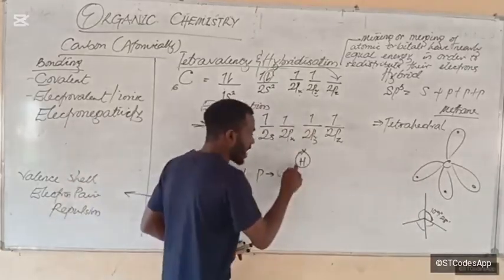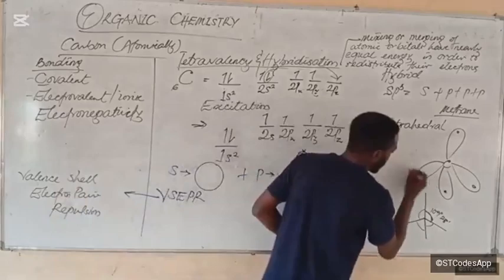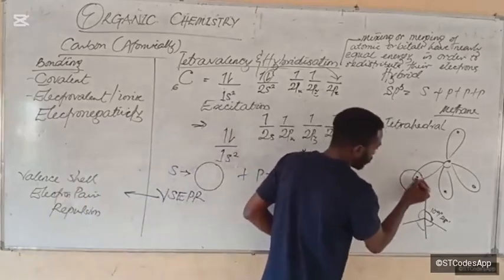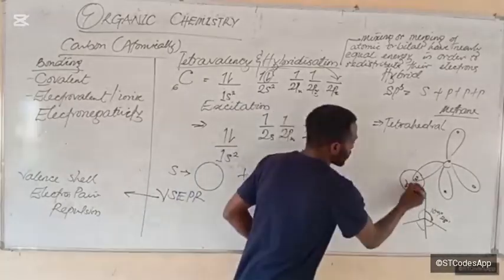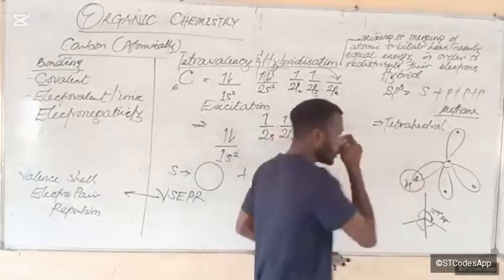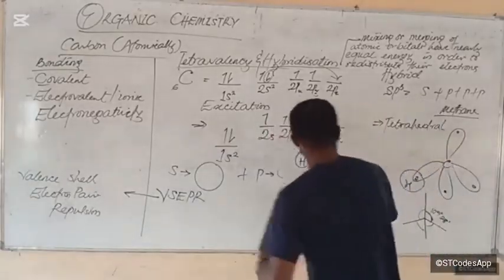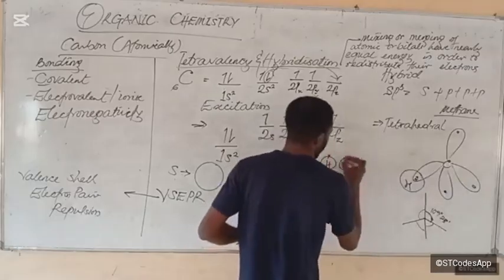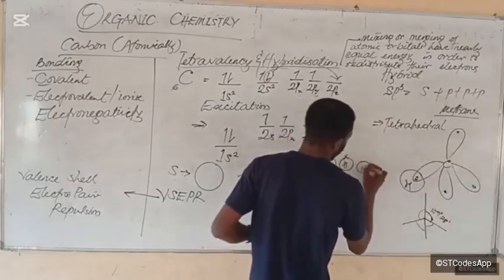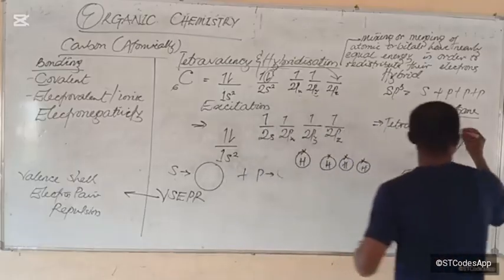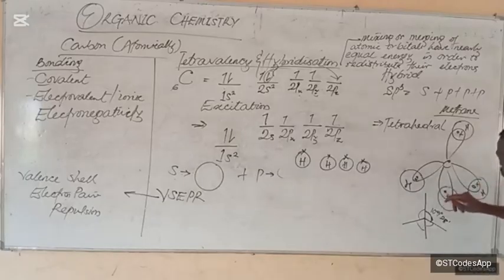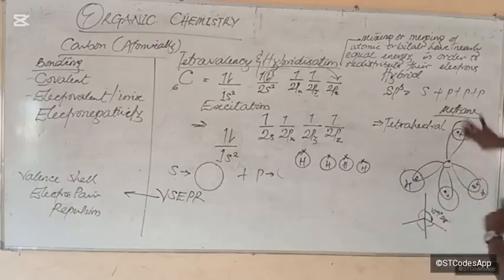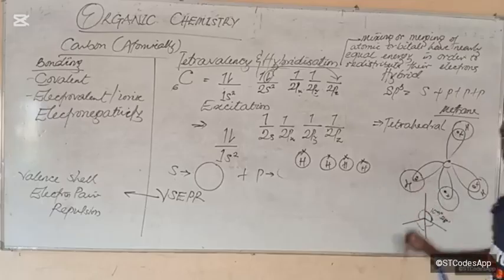So this hydrogen is going to come and form a bond with this carbon electron. After the bond is formed, you will have two electrons here, one belonging to the hydrogen, the other belonging to carbon. Then another hydrogen will come, and another, and another. The four hydrogens orient themselves around the four ends of this tetrahedron.